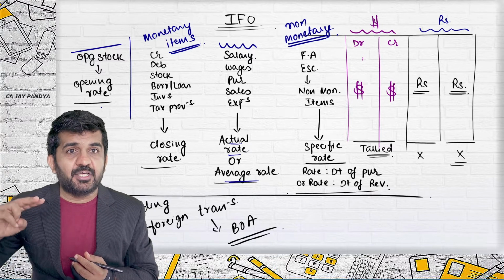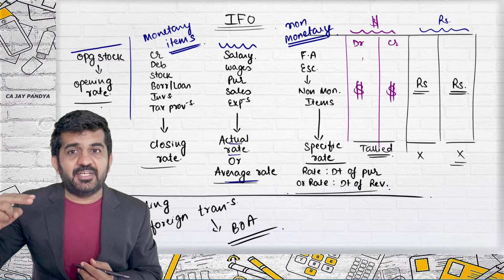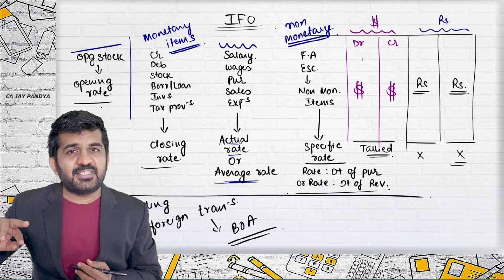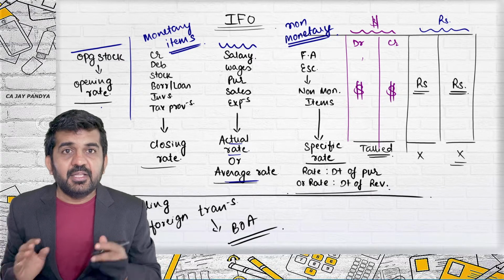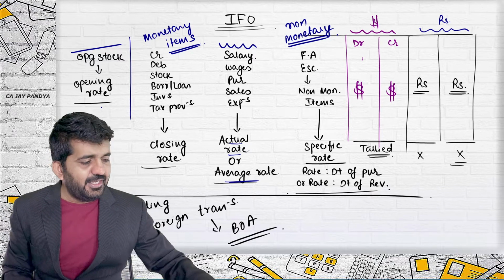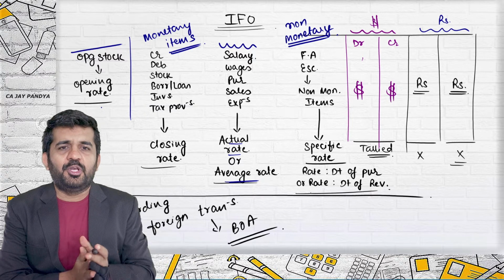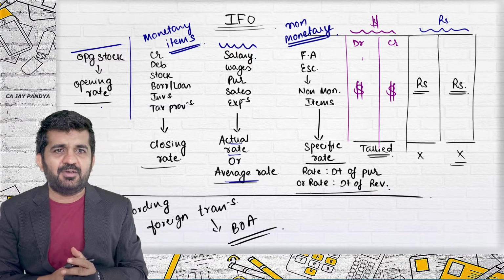The rates are different. For individual items, debtors are recorded at closing rate, creditors are recorded at closing rate, but fixed assets are recorded at some other rate. Then practically your rupees will not tally. Darshita, how did you know this? Have you learned somewhere this point?